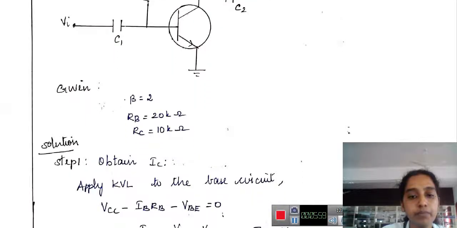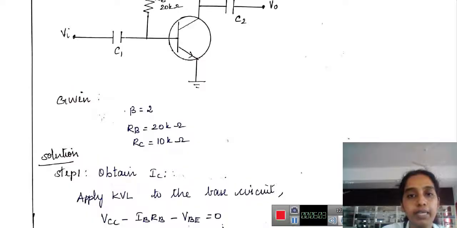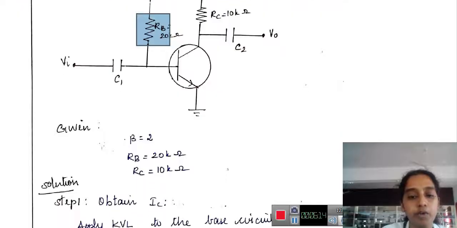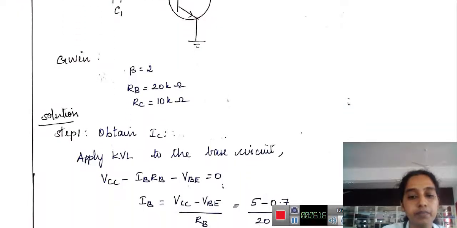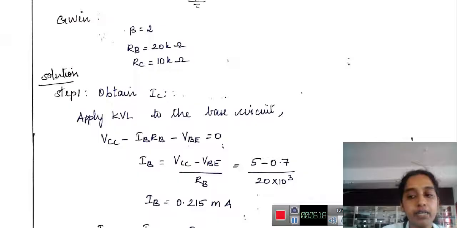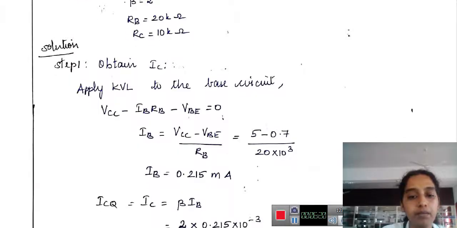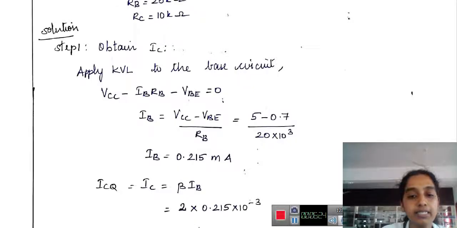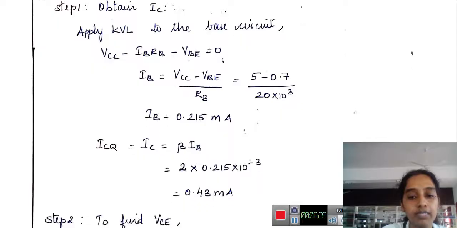From the input circuit we apply KVL: VCC minus IBRB minus VBE equal to 0. We know the value of VBE is always 0.7 volt. So I can calculate the value of IB. If IB is known, I know that IC is equal to beta into IB, so I can calculate the value of IC too.